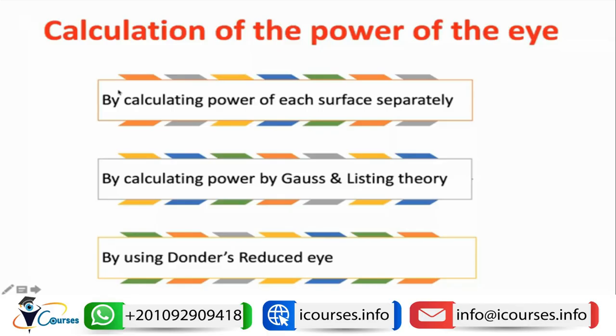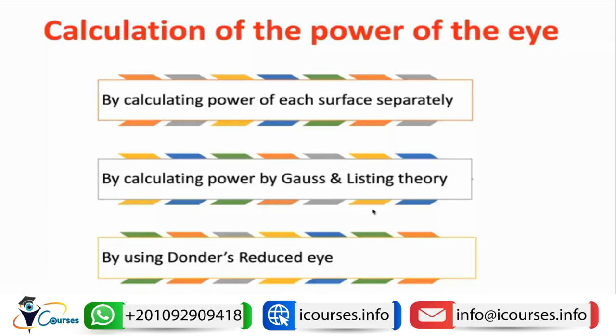This can be done by different means. The first is calculation of the power of each surface separately. The second is calculation of the power using the Gauss and Listing theory, which we mentioned in the previous lecture, the thick lens formula.